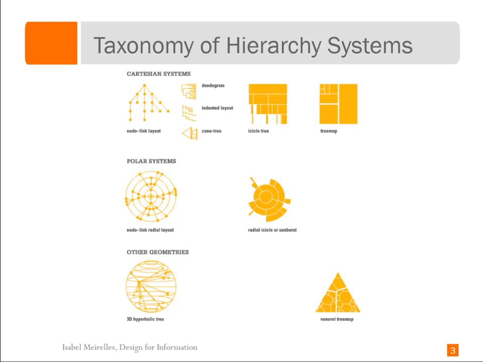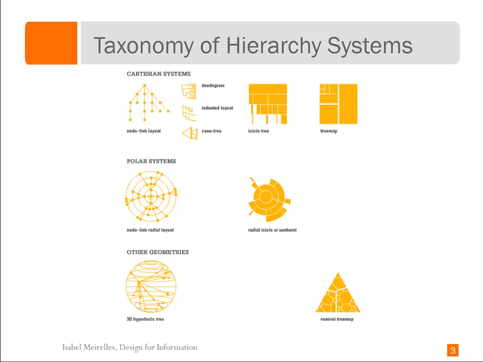Some other systems are polar systems, so we see a node-link radial layout, a radial icicle or sunburst, which shares some elements with our discussion on coxcomb diagrams, and some other geometries.